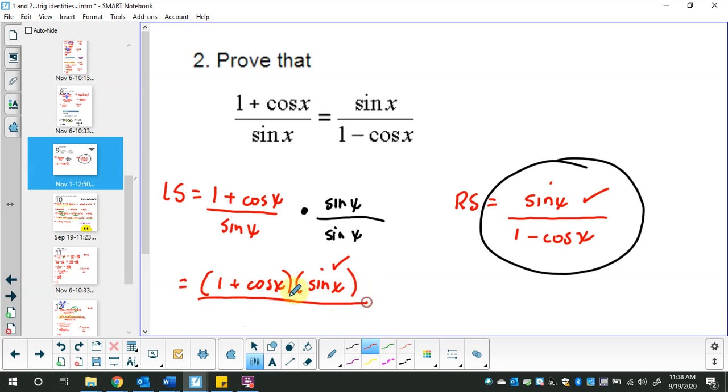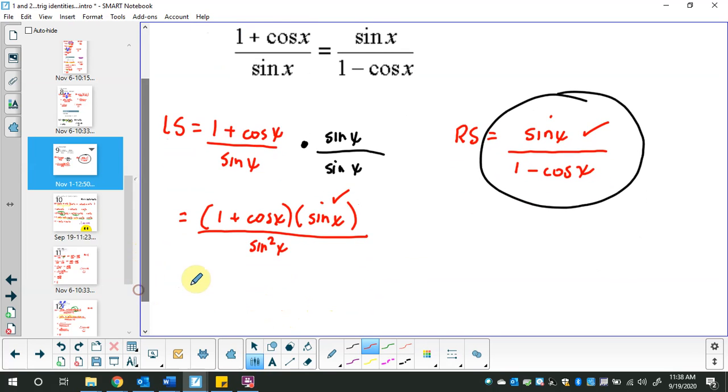And then in the denominator, I'm going to call it sine squared x, because I am not close to that. So next thing is I'm going to leave 1 plus cos x and sine x.